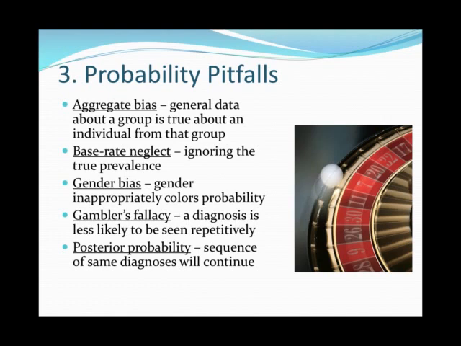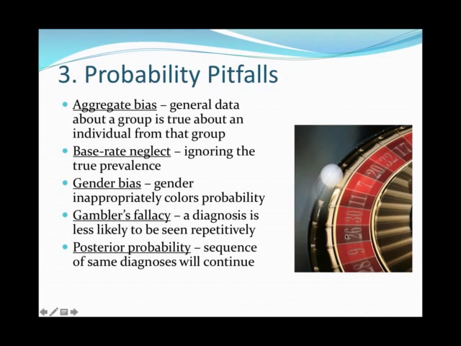So gambler's fallacy. Fallacy is another word for error or mistake. A diagnosis is less likely to be seen repetitively. So if there's this game in gambling, roulette, where there's a black space and then a red space, and they spin a ball around.